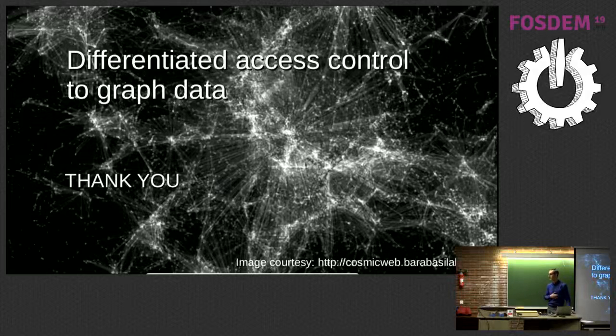When you tested this on the large multi-million node and relationship graphs, what kind of complexity of the security rules did you have? Yeah, it's just these filter steps. So for every vertex that you get, there's another filter step.